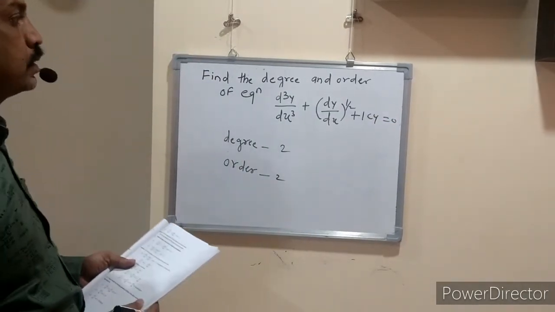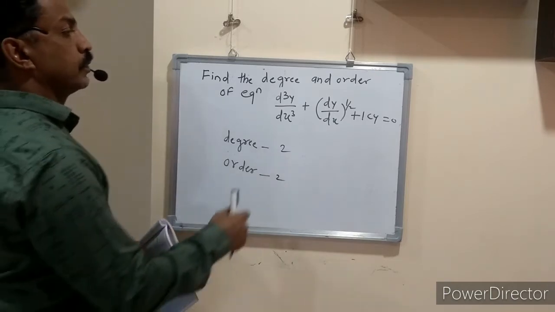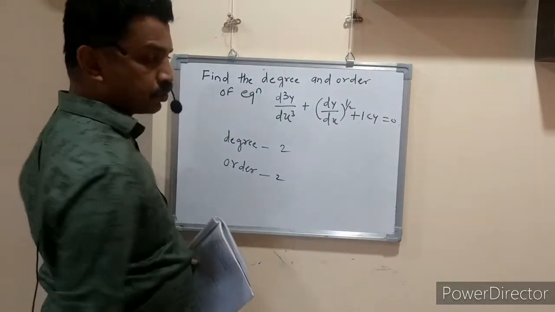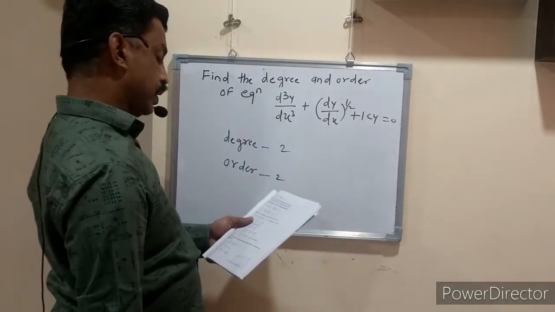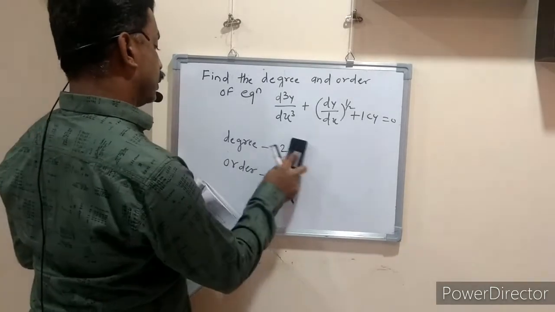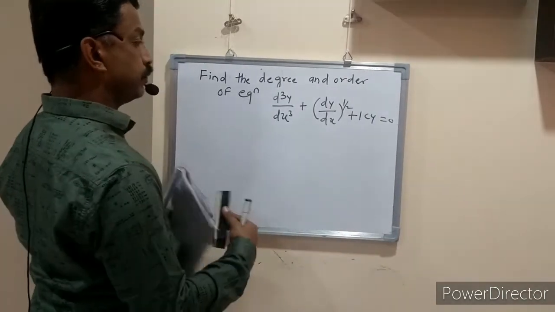Now in this equation the power is 1 by 2, so first we should rationalize this equation. So how to rationalize it?